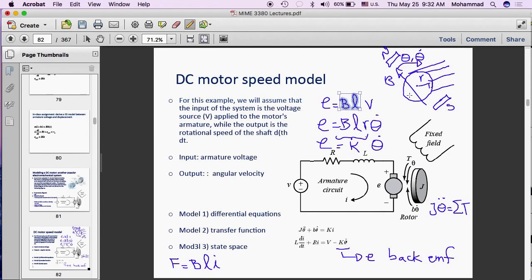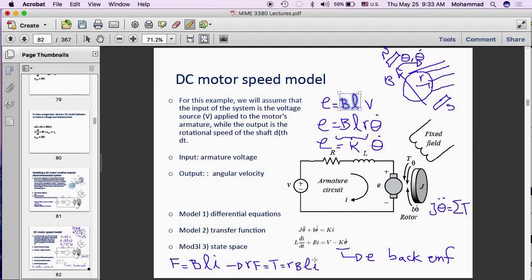We are rather looking for the torque or moment. And we know that moment is R, the distance to the center, times F. So if you want to get to the torque, you multiply R by F, and we'll call it the torque applied through the law of motors, and this is going to be R, B, L times I.